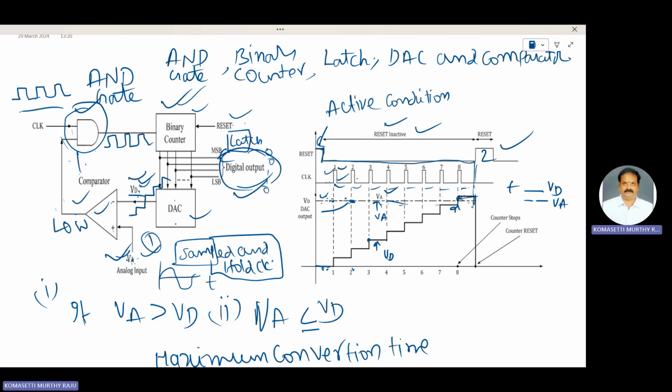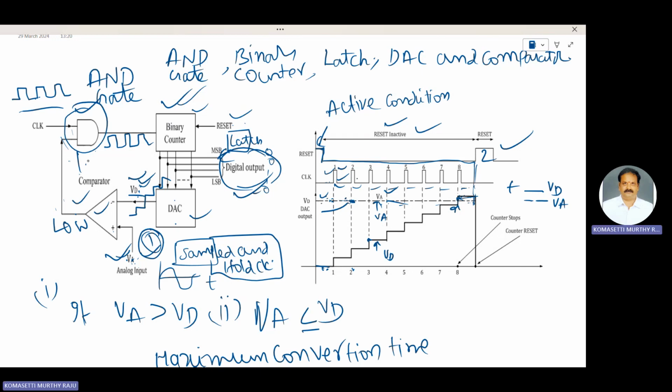The number of pulses counted increases with time up to 8. This is the 3-bit counter type analog to digital converter. One sample and hold value is converted into digital data.